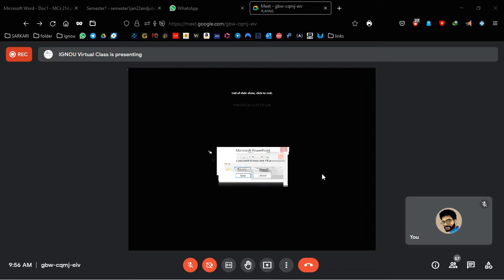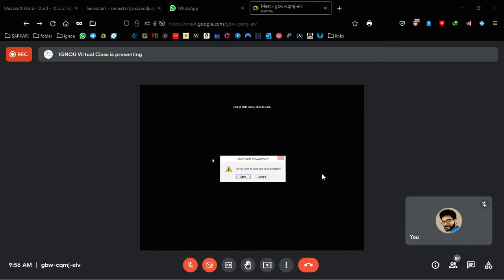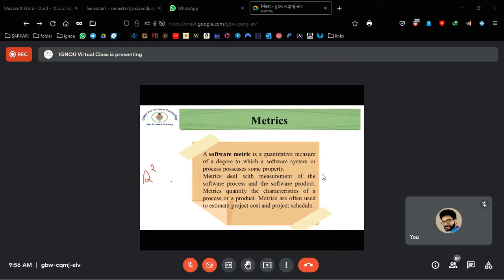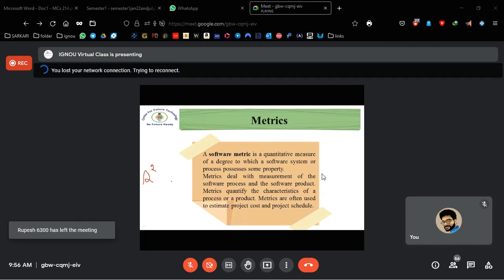In the very beginning we talked about the Q square formula, in which the first Q stands for the quantitative approach and the other Q stands for the qualitative aspect of the software. Today we are going to cover that Q parameter again, which is called metrics, because it is assumed in the software industry that anything which is measurable is improvable also.